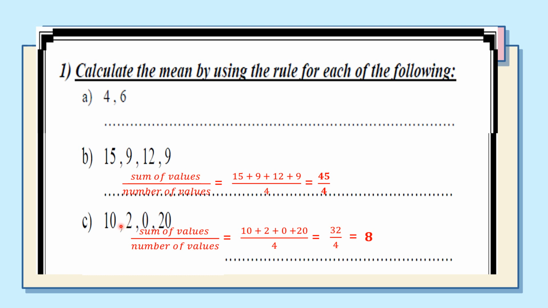In letter C, we have 10, 2, 0, 20. So the sum of values over the number of values. We have 10 plus 2 plus 0 plus 20 over 4, because here we have 4 values. So it will be 32 over 4, which equals 8.